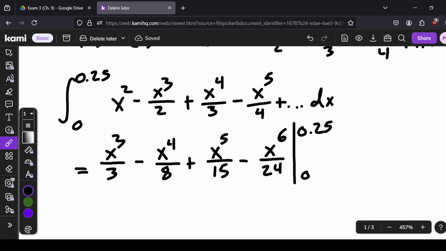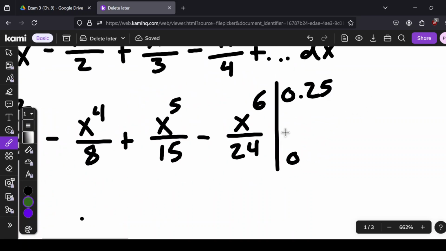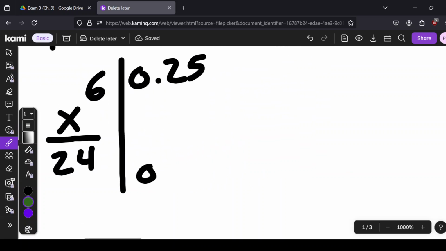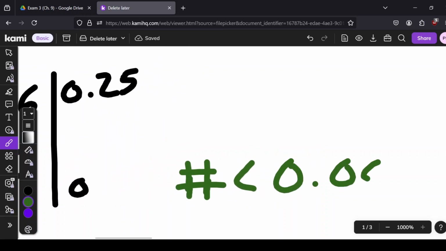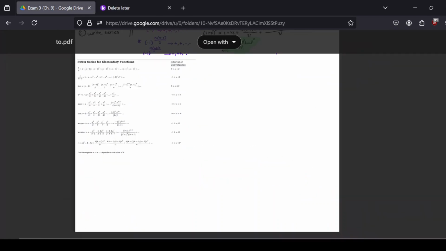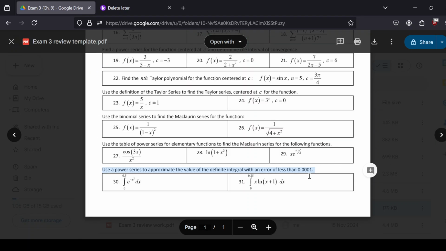And so, usually you'd want to evaluate this and find out whichever piece of the polynomial is less than 0.0001, because if you remember, that's up here.